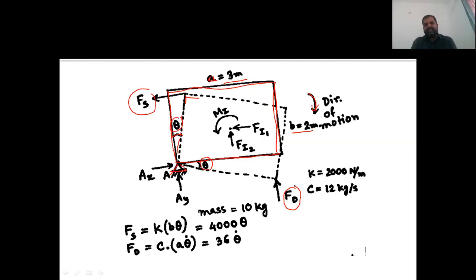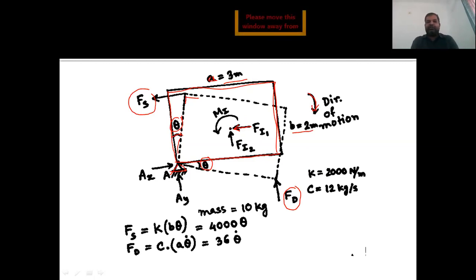Now you need to see which forces will be considered as inertia force. As the inertial force acts at the center or the centroid of the plate, the first inertia force, Fi1, I am considering on this face of the plate. Up till now, we have not taken 2D objects. This is the first example in which I am taking a 2D object.